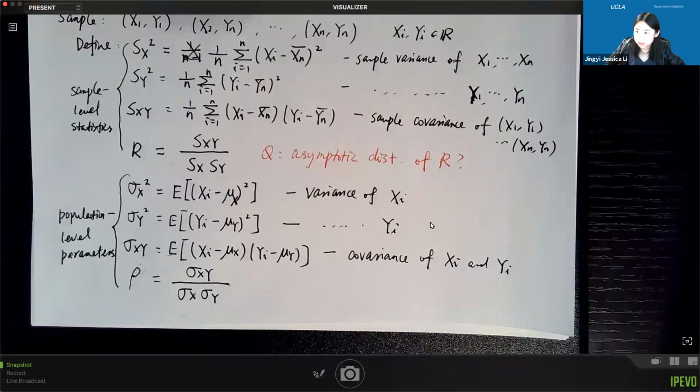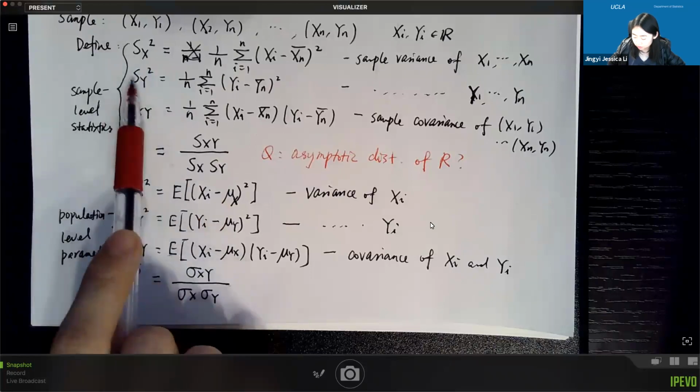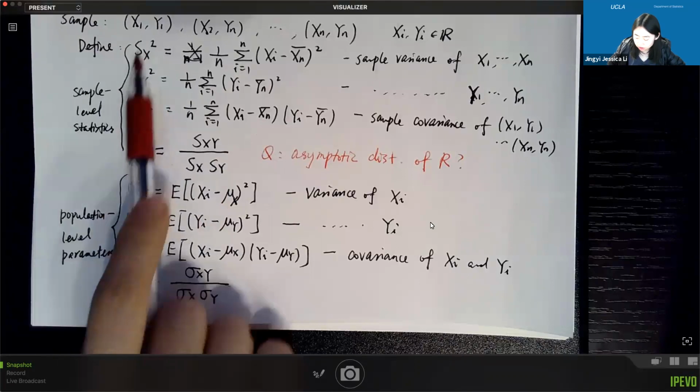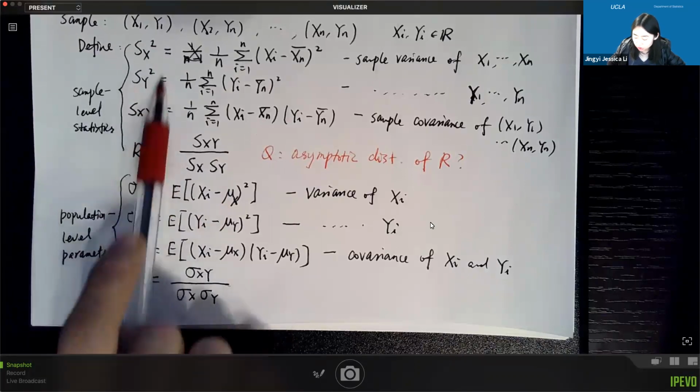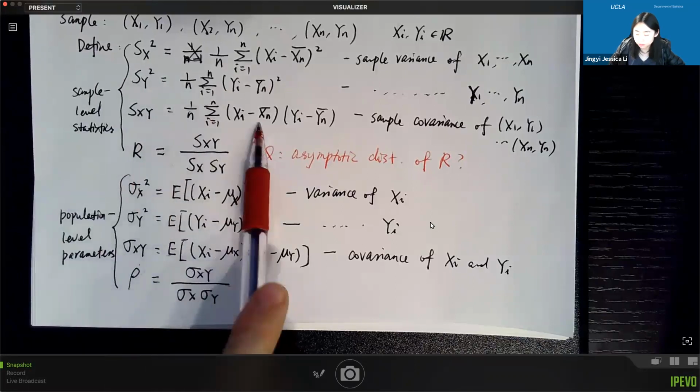So those two things allow us to derive the asymptotic distribution of Sxy, Sx squared, and Sy squared. And here I need their joint distributions.